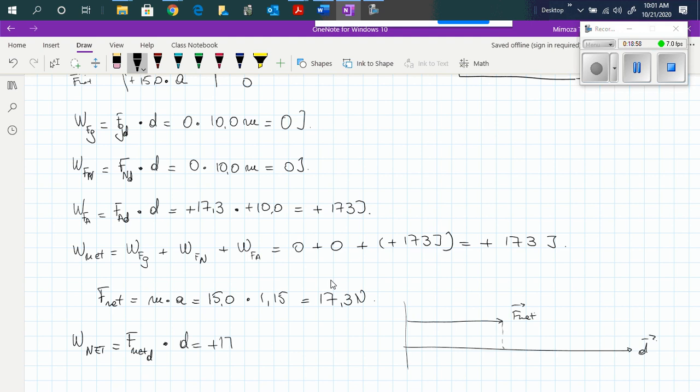So this will be positive 17.3 times positive 10 equals positive 173 joules, which should be the same number as what we found when we added algebraically the value of the work.